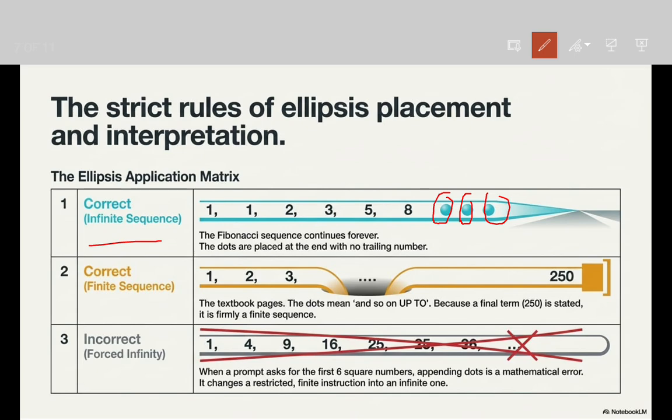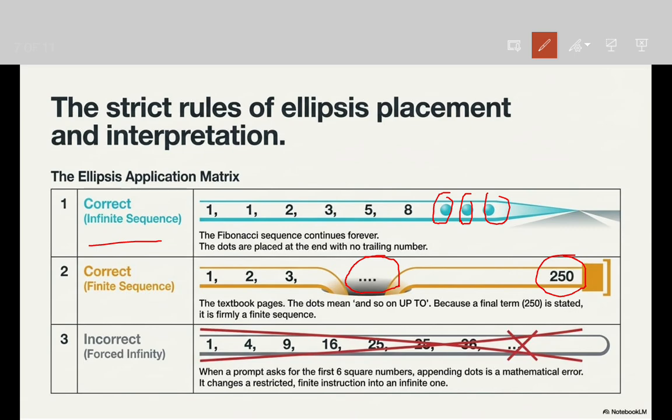Correct finite sequence: you can put the three dots in the middle and write the final term. What it means is that the values are from 1 to 250. This is a finite sequence. But this is the incorrect one.